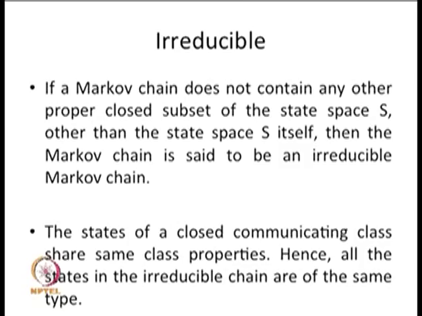So, if you are able to partition the state space, then that is a reducible Markov chain. If you are not able to partition the state space and the whole state space is only one closed subset, then that Markov chain is called an irreducible Markov chain.